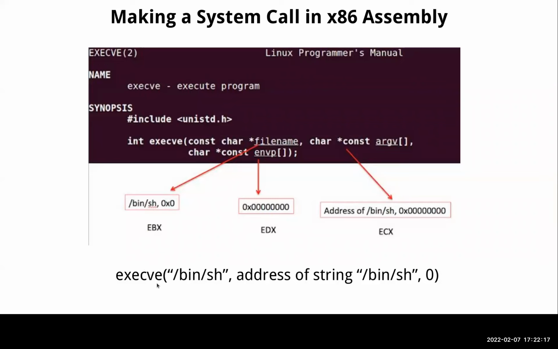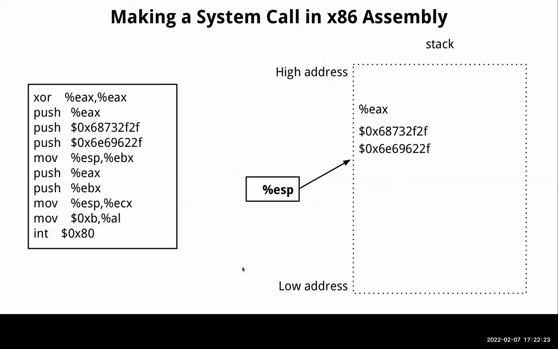This is a system call. The first one, EBX, should be the string's address. And we have the string here. The string's address is obviously in ESP. ESP points to that, right? So that's why we move ESP to EBX.